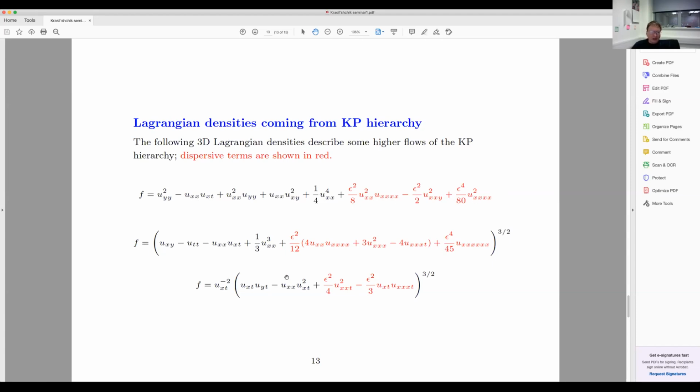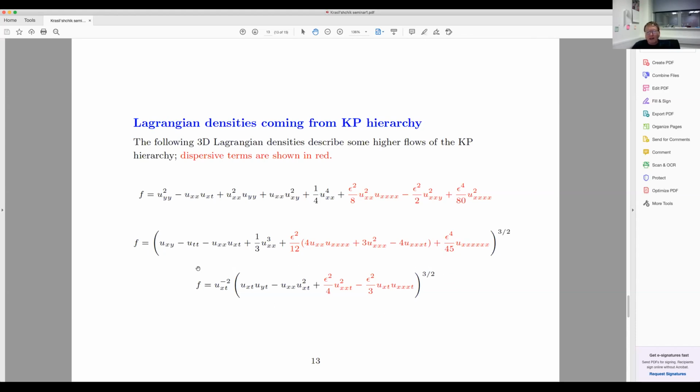And okay, the rest of the examples are similar. They have a similar structure. It's some dispersionless bit, this bit raised to the power 3/2, plus this dispersive thing. And again, this Lagrangian describes one of the commuting negative flows of the KP hierarchy. And same for this.